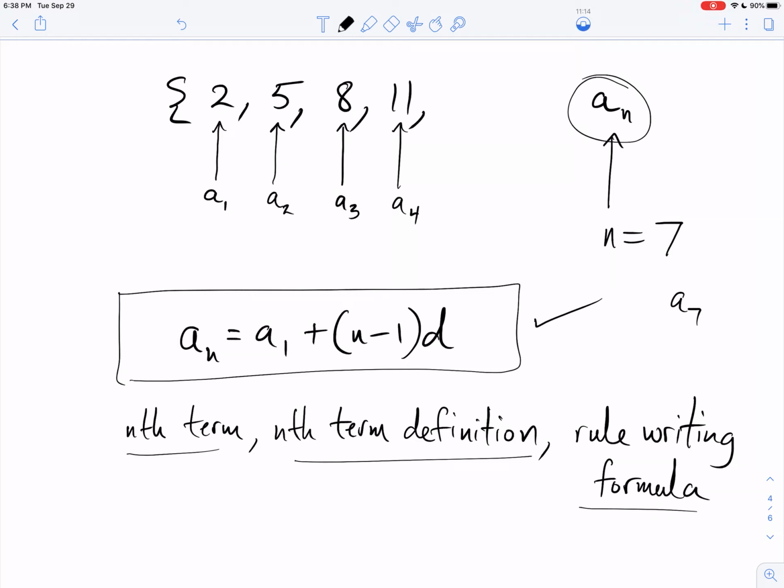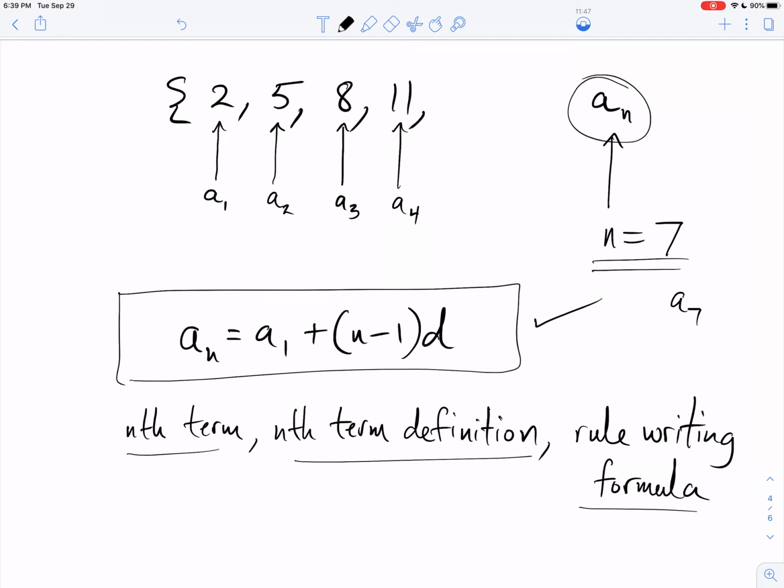I totally could. But I would have to know what a sub 6 was. I'd have to know what a sub 5 was. Look, I already know what a sub 4 is. I do. So anyway, the thing is, I can't tell you what the 7th number in the list would be unless I knew what the 6th number in the list was. I couldn't tell you what the 6th number was unless I knew the 5th number, etc., etc.